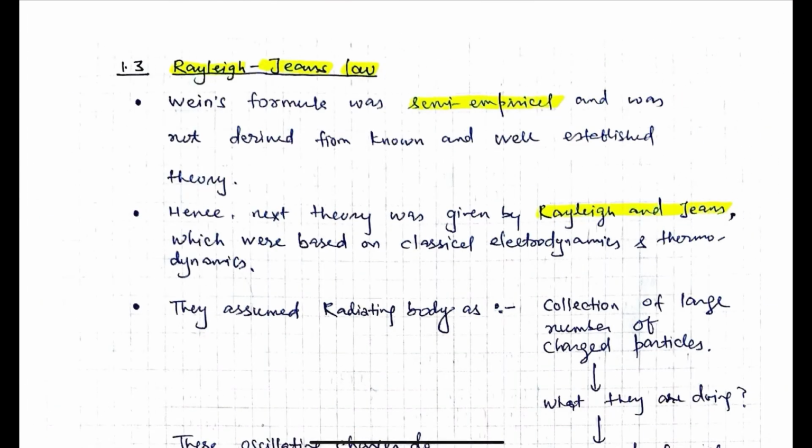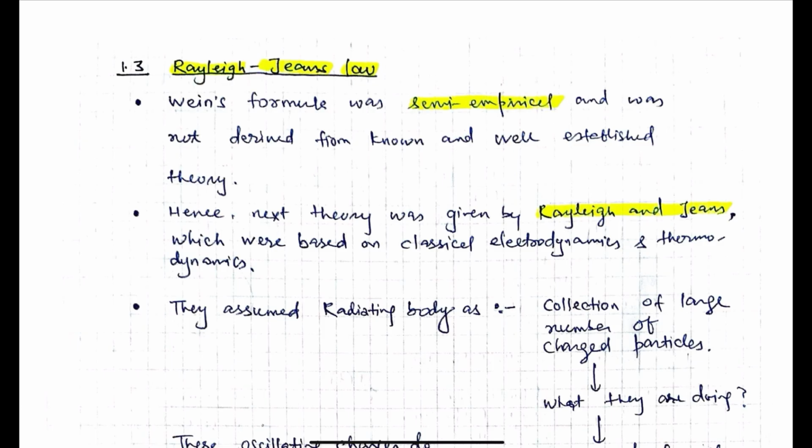Okay. Then we have another semi-empirical formula, which is the Rayleigh-Jeans law. Let me tell you why we call Wien's law semi-empirical: it was not derived from a known and well-established theory.